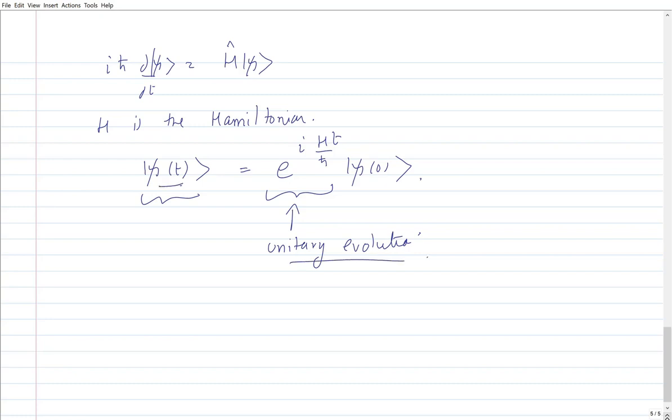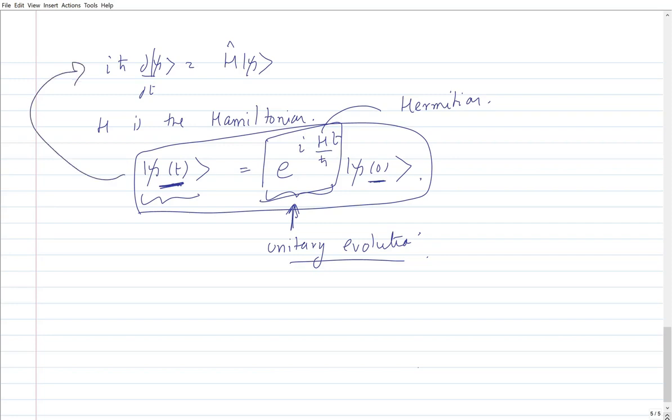So the future state of the system at time t is related to the initial state of the system by a unitary evolution. This is going to be a unitary operator since H is a Hermitian operator. This is just a solution to the Schrodinger equation.